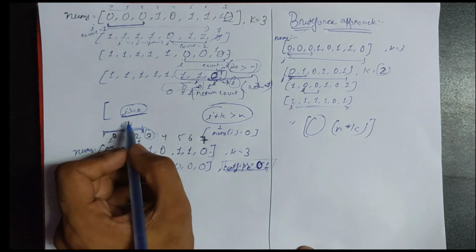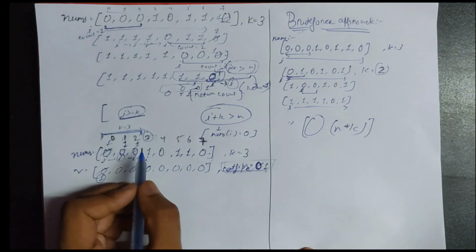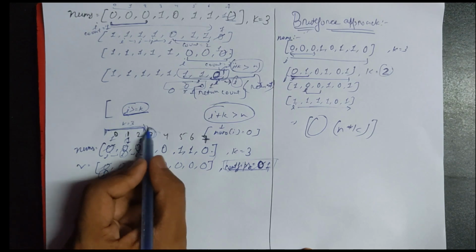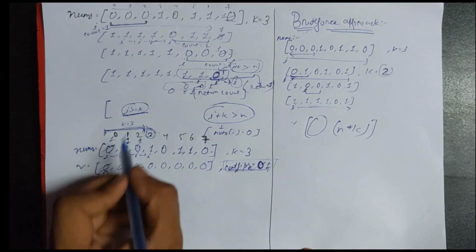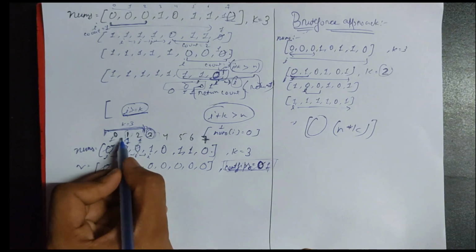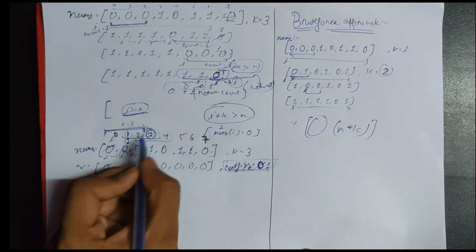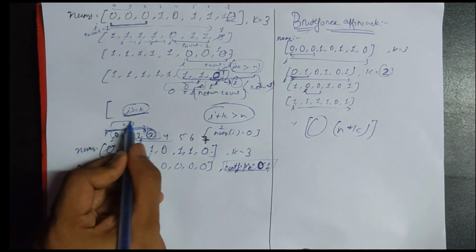If i is greater than or equal to k, we have to check the value which is not in this range. If we toggle this value the range will be this, if we toggle this value the range will be this, so it will fall in only those two ranges. But if this value was toggled, the range was only this much.